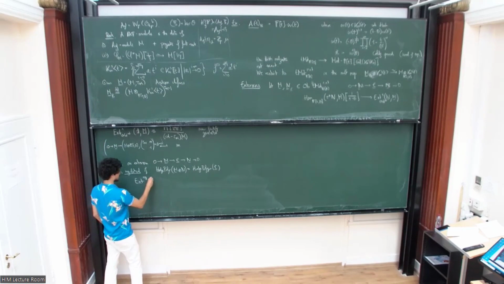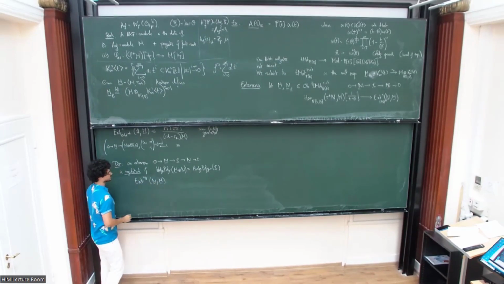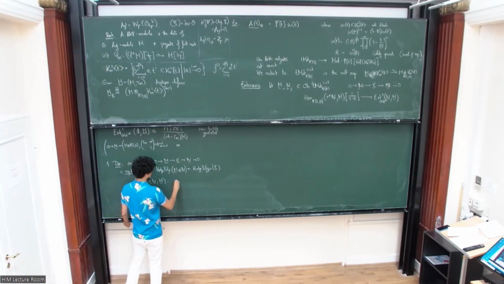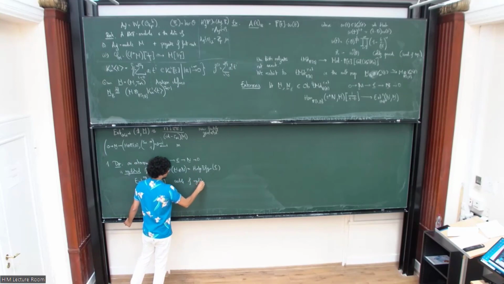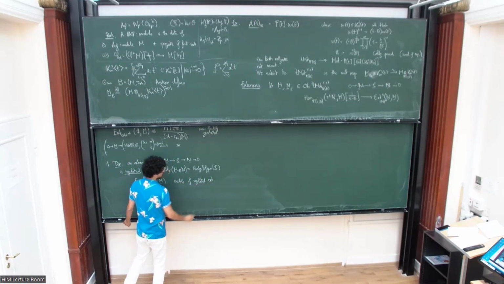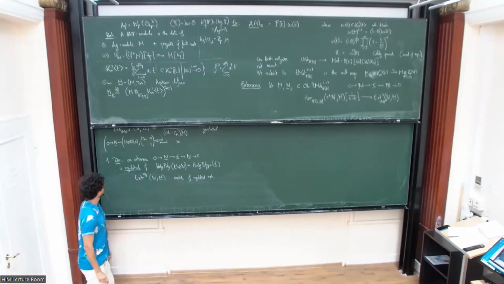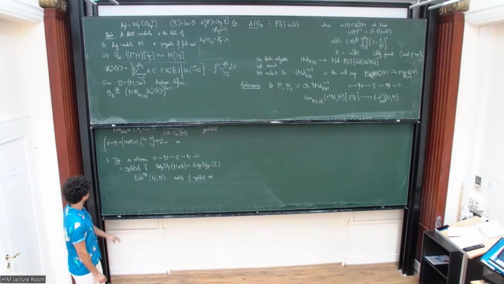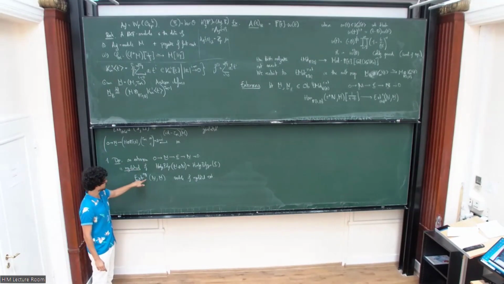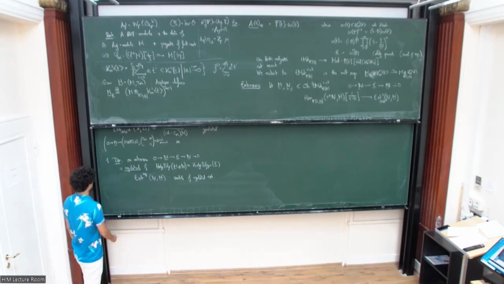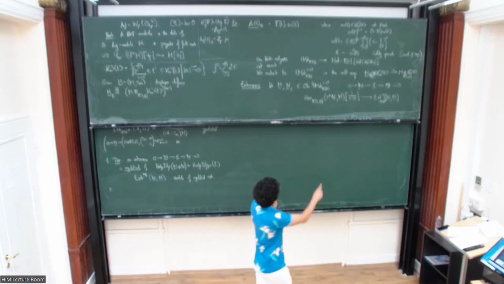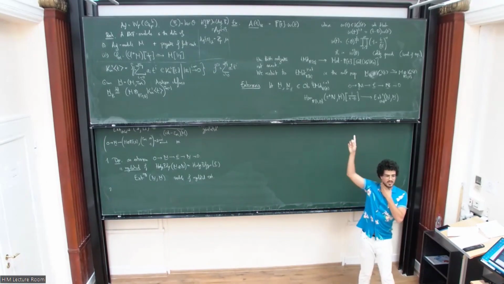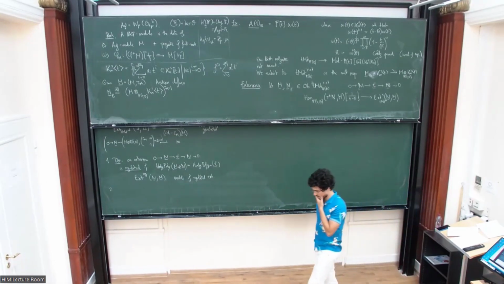You can define the module of regulated extensions of n by m as being those sequences. There is another reason why this module is not finitely generated. I mean that this is still not finitely generated, and this comes from the fact that this Galois group is huge compared to the complex conjugation.